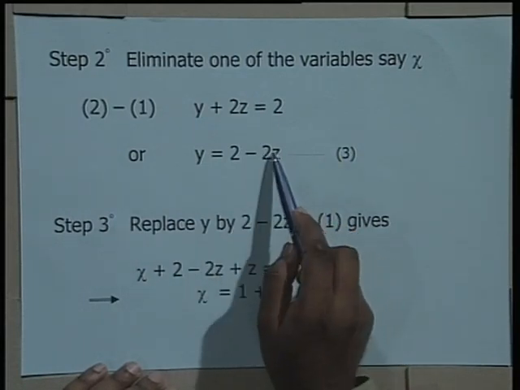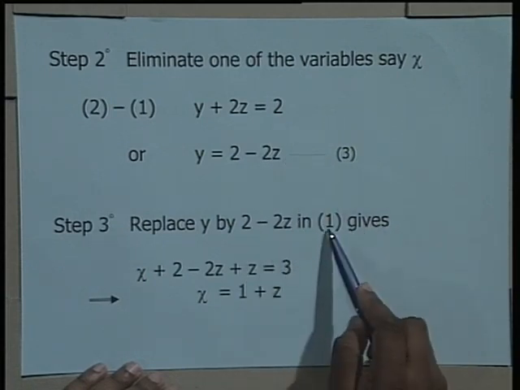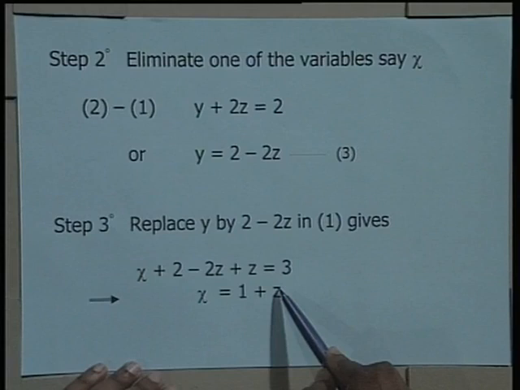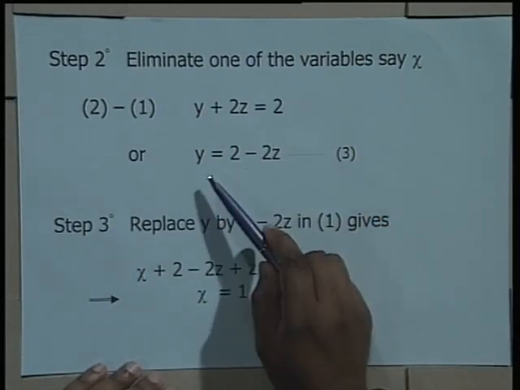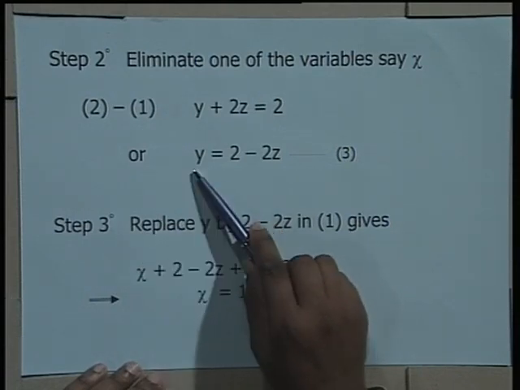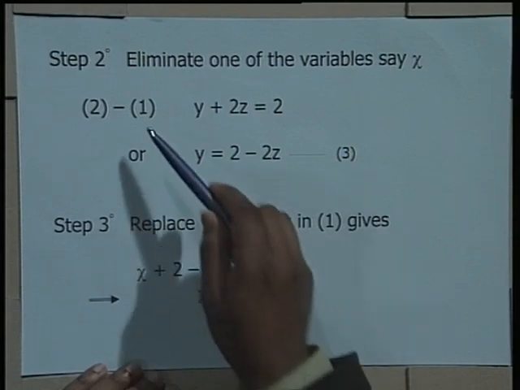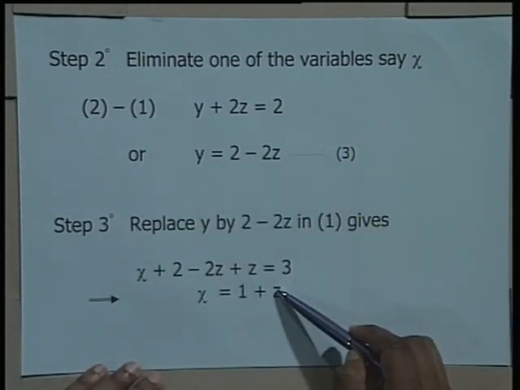What we'll do will be to replace y by 2 minus 2z in equation 1 to obtain x in terms of z. So what we did was eliminate x first in order to be able to express y in terms of z. Replacing this expression back in one of those equations, we obtain x in terms of z.